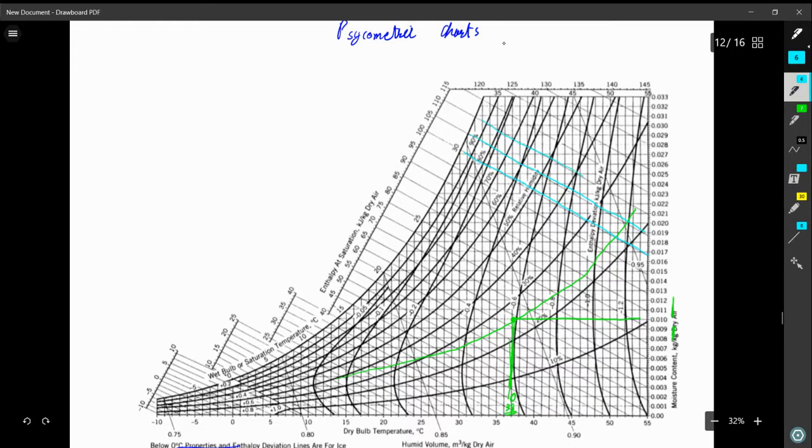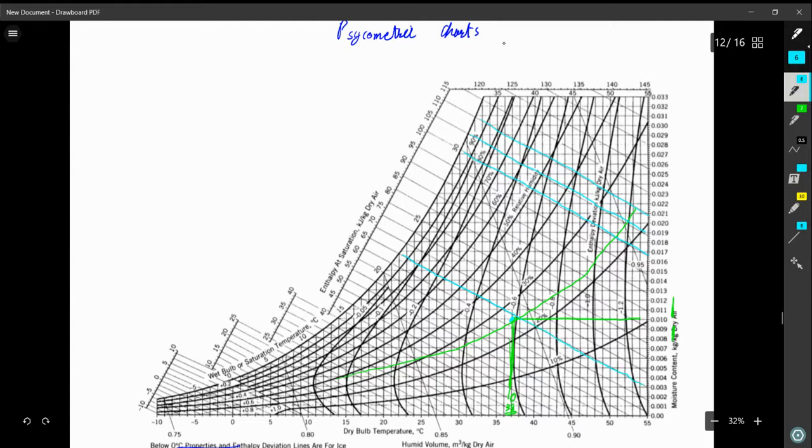These are constant wet bulb lines. Basically, you take this temperature and go to the nearest one. You consider that the wet bulb lines are almost parallel, and whenever you don't have a wet bulb line, you just interpolate. So I'm going to the nearest wet bulb line over here, and this is the wet bulb line on which I'm going to travel.